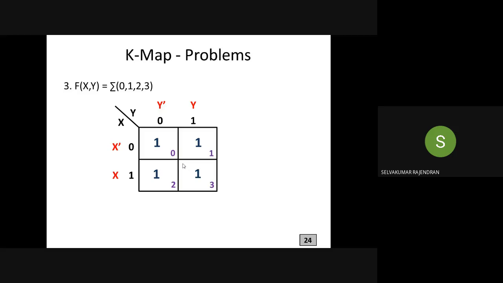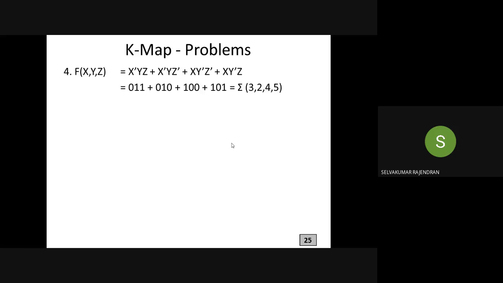All 4 ones can be grouped as a single group. That gives a very simplified Boolean expression, which is equal to 1. For all combinations of x and y inputs, the result will be 1.